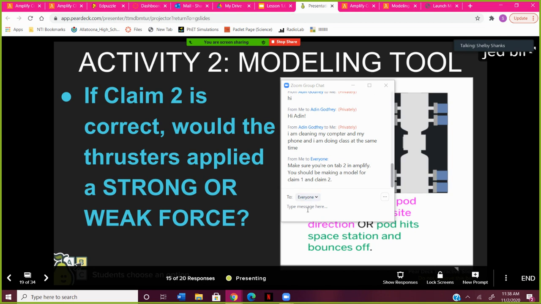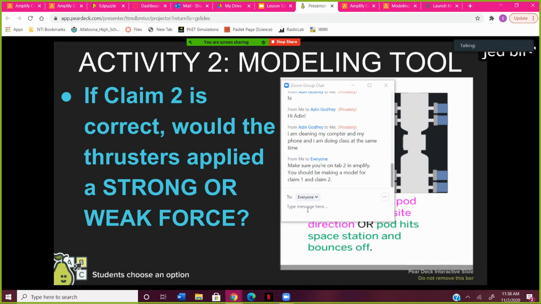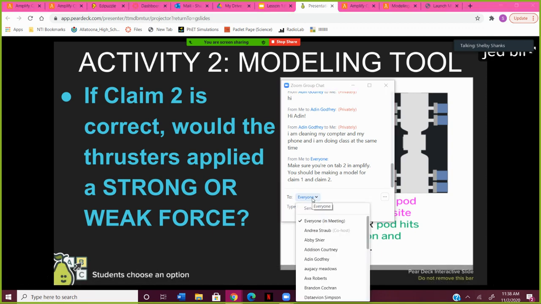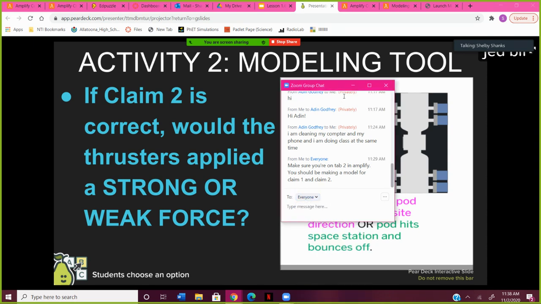Y'all can send me a private chat, unmute yourself, whatever you would like, but I want us to make sure that we are all on the same page.